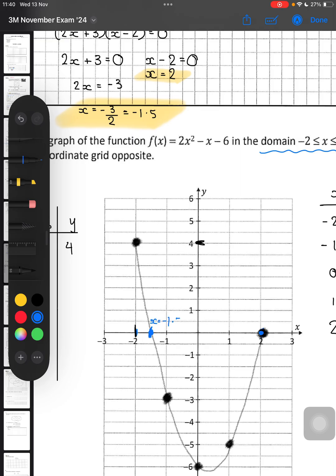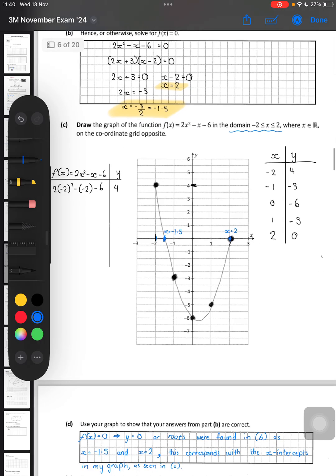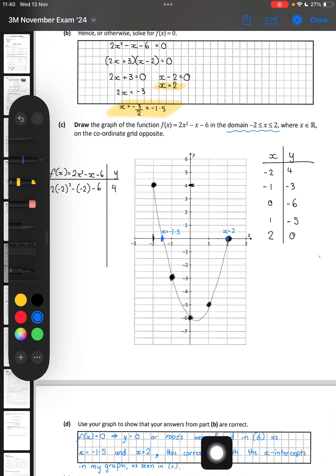So make sure here that your answer is giving as much information as you possibly can. So those are my x-intercepts.